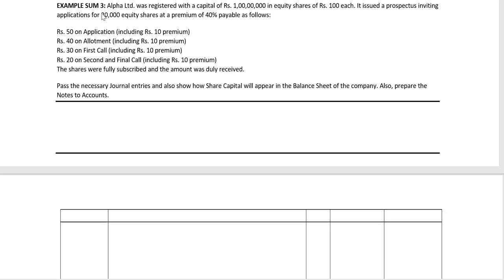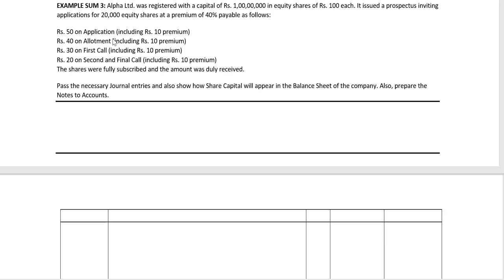Example sum 3. Alpha Limited was registered with a capital of rupees 1 crore in equity shares of rupees 100 each. It issued a prospectus inviting applications for 20,000 equity shares at a premium of 40%, payable as follows.